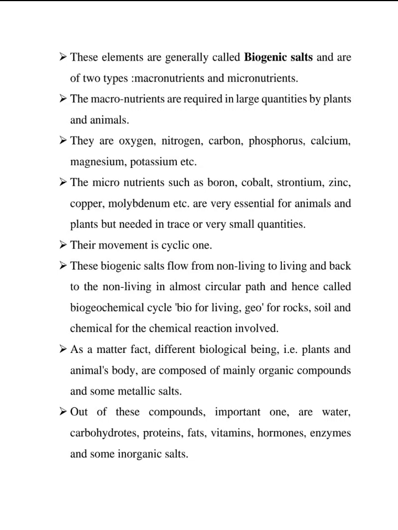As a matter of fact, different biological beings, that is plants and animals, their bodies are composed of mainly organic compounds and some metallic salts. Out of these compounds, important ones are water, carbohydrate, protein, fat, vitamins, hormones, enzymes, and some inorganic salts.